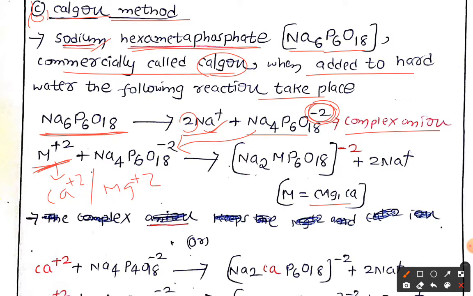Again from this you are going to lose 2 sodium ions. Na4 becomes Na2, with the metal substituting here in the P6O18 anion. The -2 will remain as such.